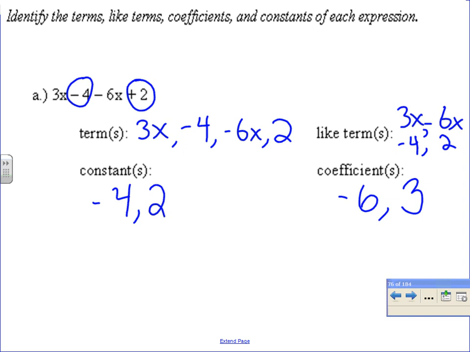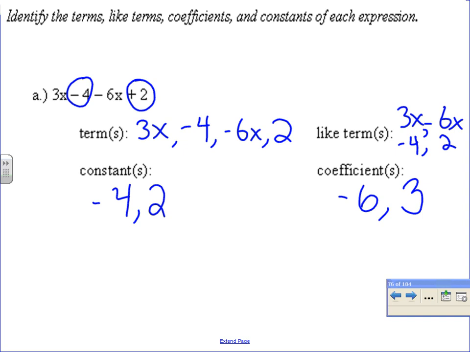Charles? No. Nope. A constant is a term that's just a number. 3 times x or 3x, however you write it, that is still a term. And the variable part on that is the x. Nope.